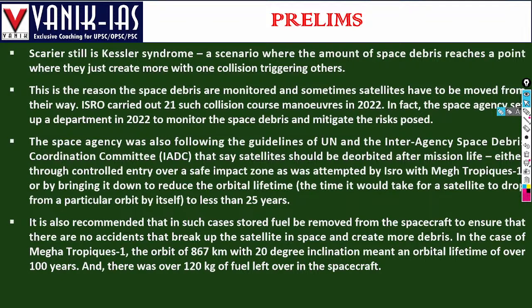So normally it might have taken more than 100 years to come down from its own orbit. So these maneuvers reduced the orbit, after which it entered the atmosphere and was burnt up due to the extreme heat generated by friction.